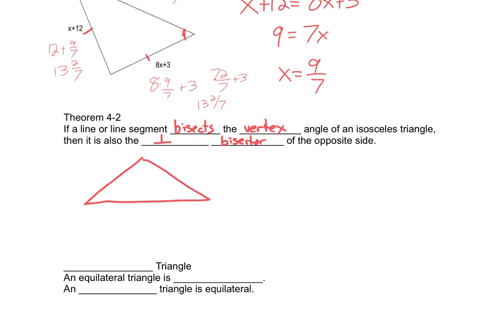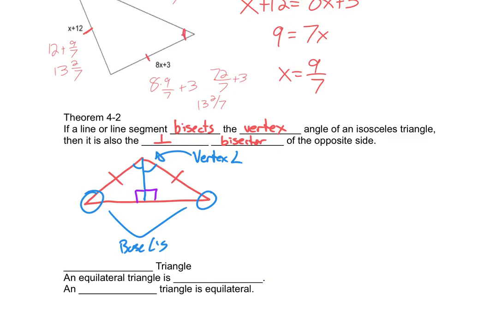if we have an isosceles triangle and a line segment bisects the vertex angle, so we have our base angles down here, and that's called our vertex angle, then our conclusion is that this is also a perpendicular bisector.